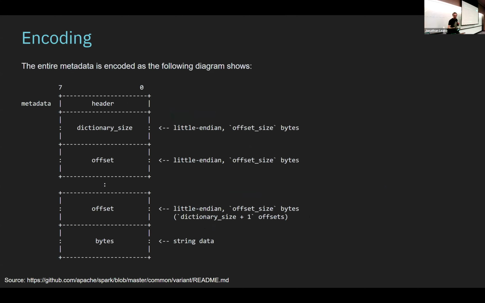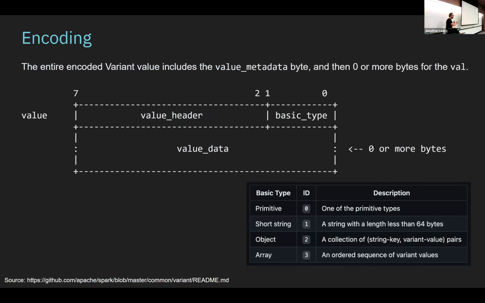The header is followed by the dictionary section, which tells you the size of the dictionary and then offsets into the dictionary, telling you, for each of the entries, here's where you find the next string effectively. And then it's followed by the actual strings that are in the dictionary.